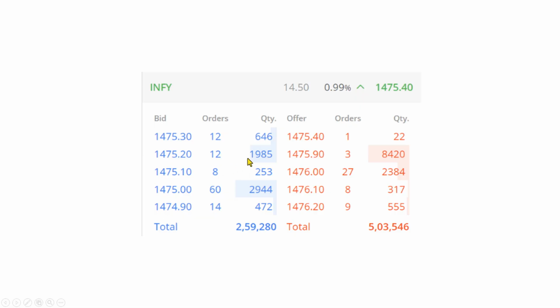And then quantity tells us how many total shares they all want. So at this price, 60 people are saying that they want a total of these many shares.